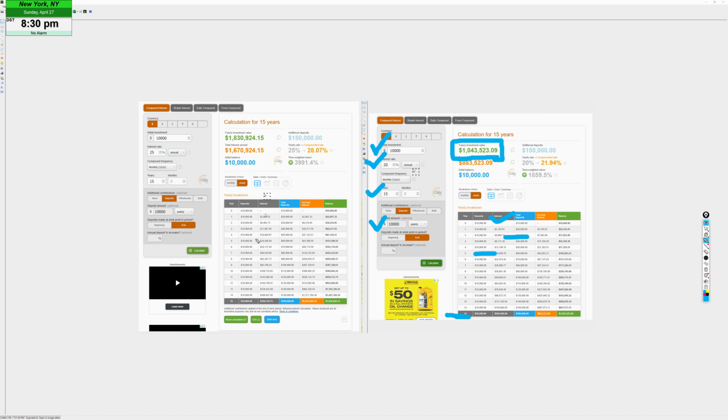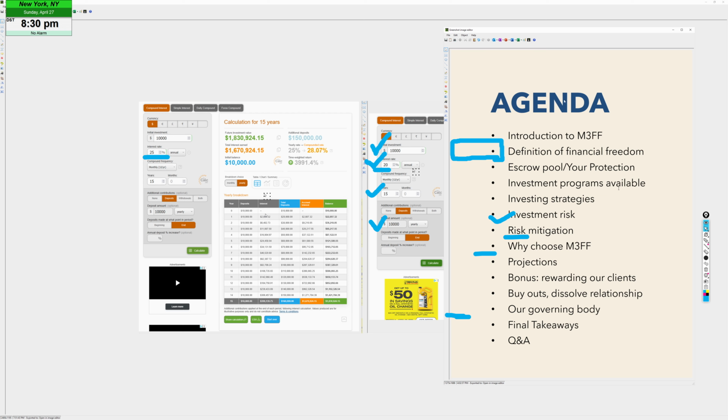All right. Now, that is compounding at 20%. Now, we have a program where we call bonus rewarding our client. We'll spell that out, and basically we will be able to give you an extra 5% return, which is 25%.